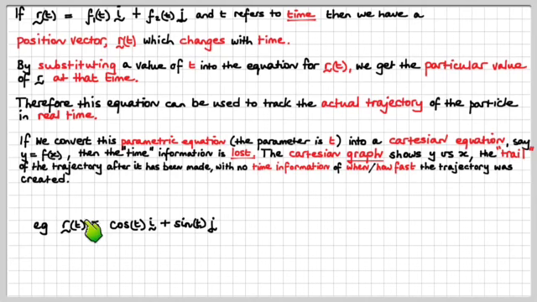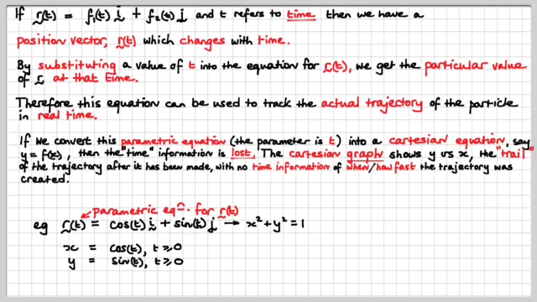So r of t, for example, would be cos t i plus sine t j. That would be the equation of a circle in terms of our x's and our y's. X would be cos t, t greater than or equal to 0. Y would be sine t, t greater than or equal to 0. That is the parametric equation, you better believe it.